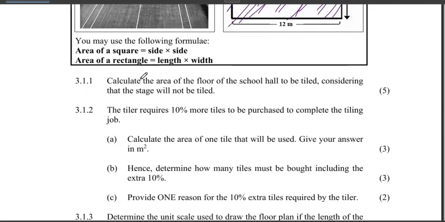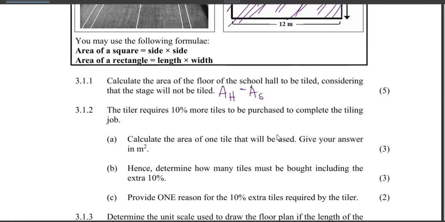5 marks. Calculate the area of the floor of the school hall to be tiled, considering that the stage will not be tiled. What happens? We shall calculate the area of the hall, AH, minus the area of the stage, which is AS.